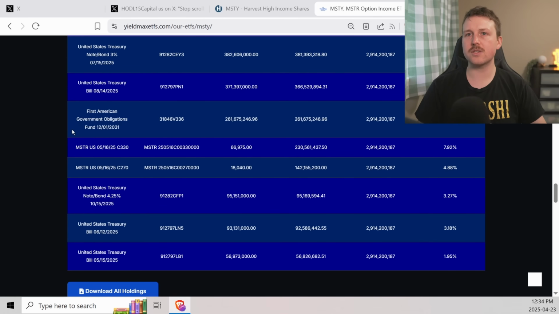Now, this works because it exposes them to the price fluctuation. So if MSTR's price goes up, there's going to be a multiple because the options are a leveraged form of long exposure to that. So these act as a way to expose yourself to more of the underlying with less amount of capital.